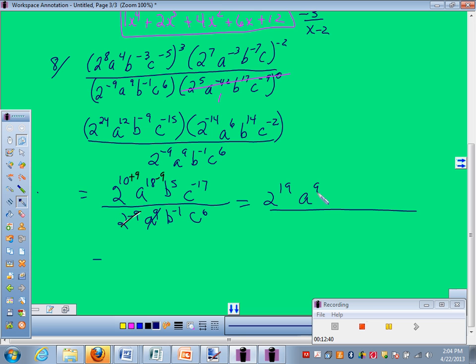B's which way? Up as well. So the negative 1 would become positive 1, which is B to the 6th. And last but not least, the C's. They need to get a positive, so yep, they've got to go downward. C's come down, makes that plus 17, and you now have C to the lovely 23rd power. And there is your simplified expression.